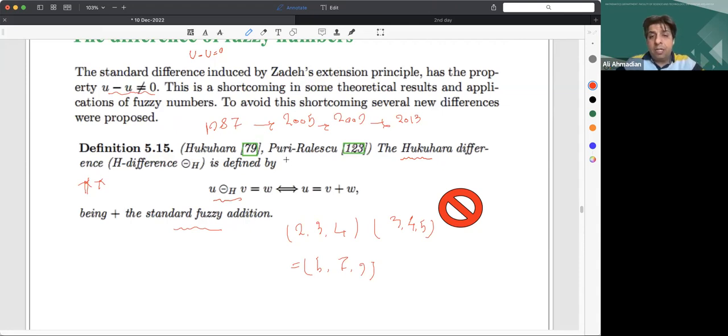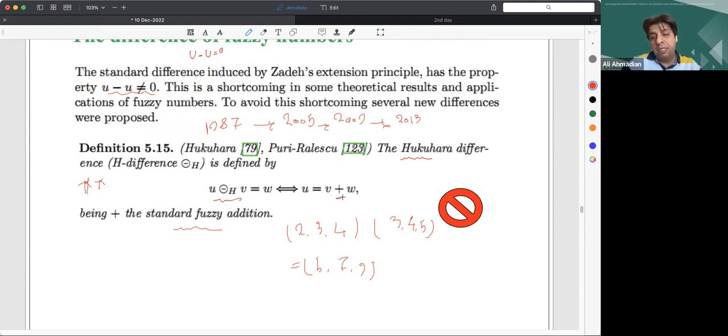But these authors extended the concept for fuzzy difference, considering that u Fukuhara-minus v is equal to w if and only if u is equal to v plus w.